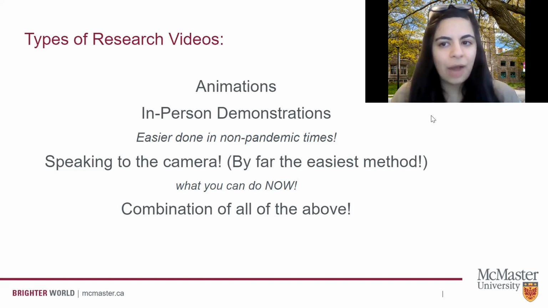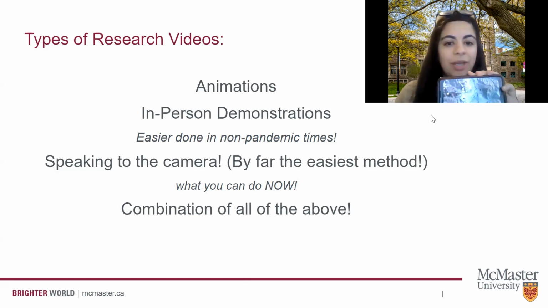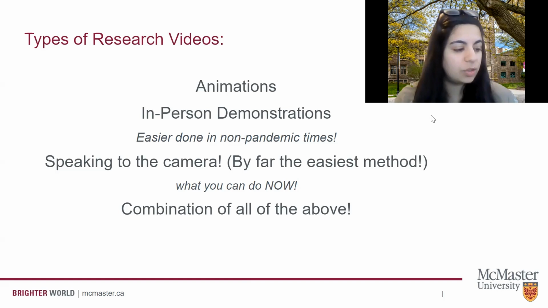So your best option, if you would like to get a video done, is actually just speaking to the camera yourself. Or what I like recommending, if you have a group of people and want to go the inexpensive route, is using your smartphone. Everybody has a very powerful smartphone, and you could use that to do the presentations, or to film your production, basically.